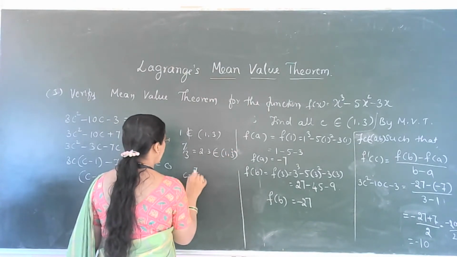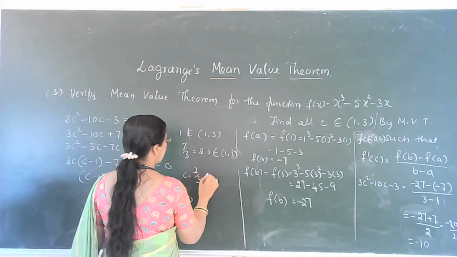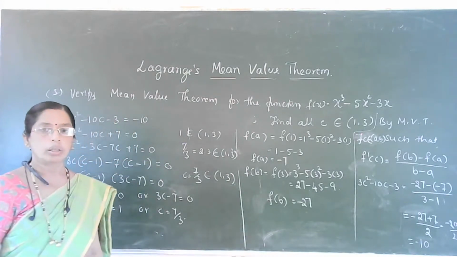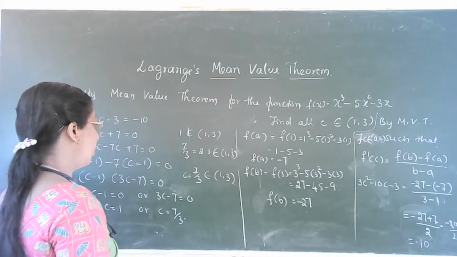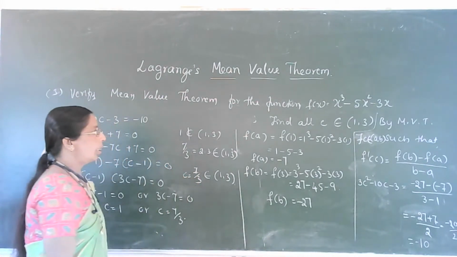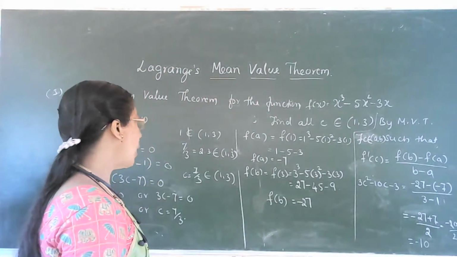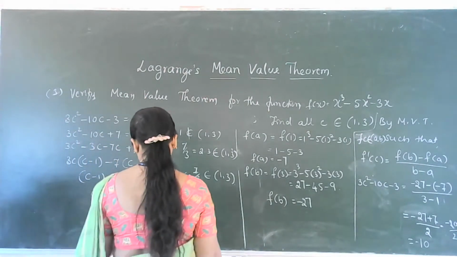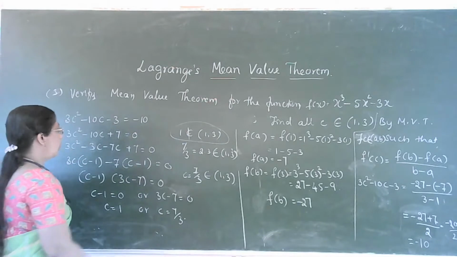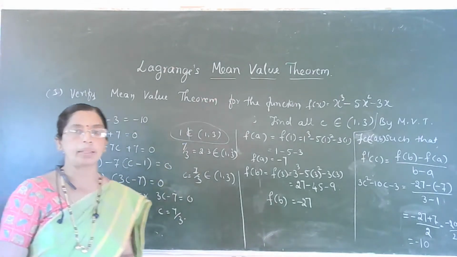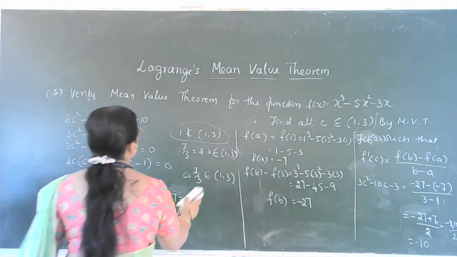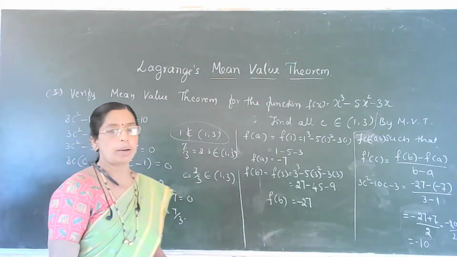Therefore c is equal to 7 by 3 belongs to (1, 3). Therefore, the c value at 7 by 3, the MVT theorem is verified. We will take this value only. 7 by 3 belongs to (1, 3), by this the MVT theorem is verified here.